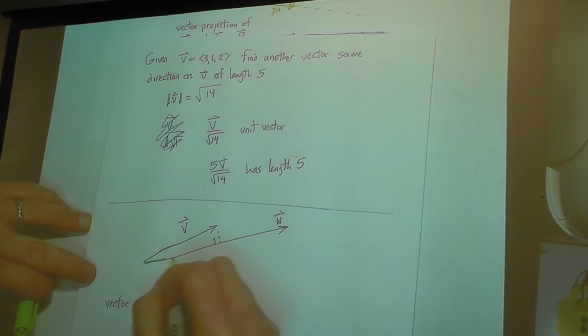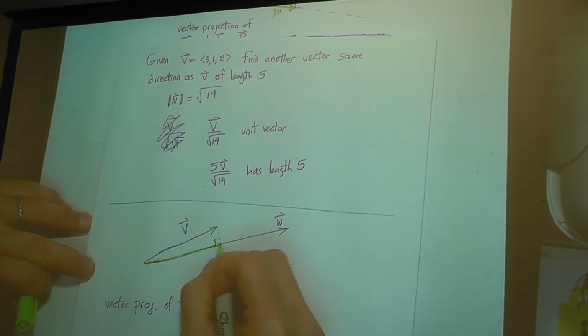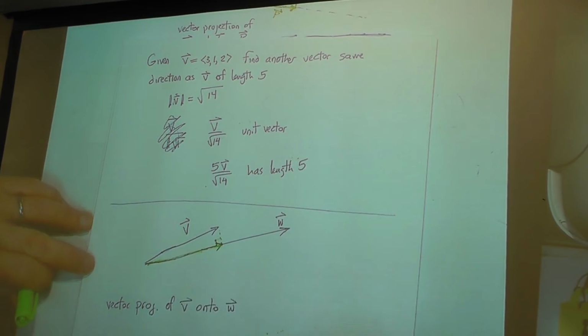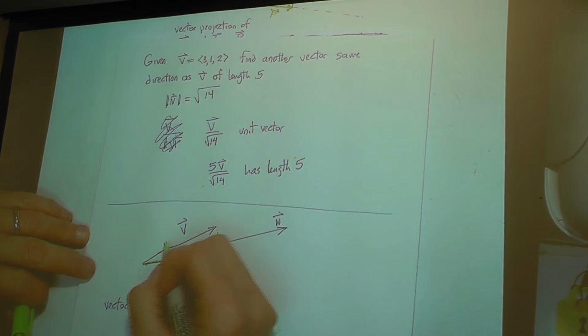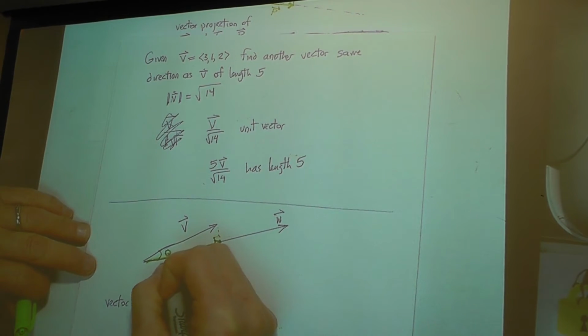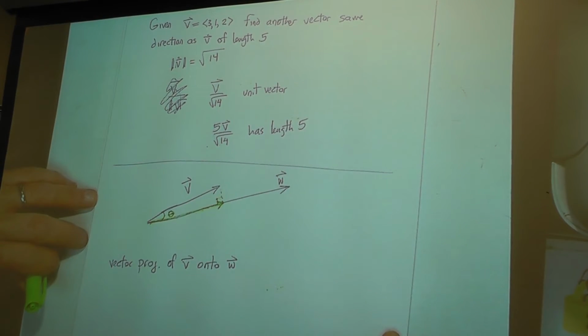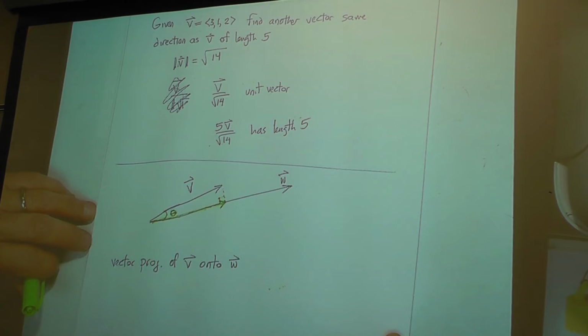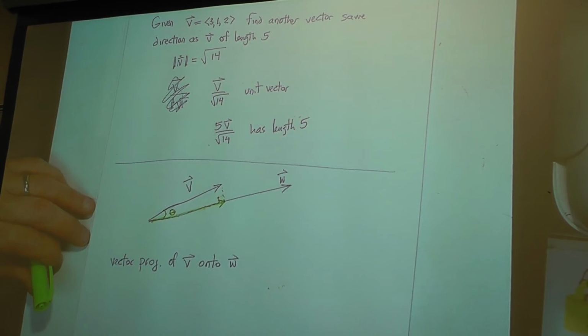That vector projection is right here. My two vectors are tail to tail. There is an angle between these vectors. If I happen to know this angle, the formula we're going to work out is basically irrelevant. But if I don't know the angle, I've got troubles.